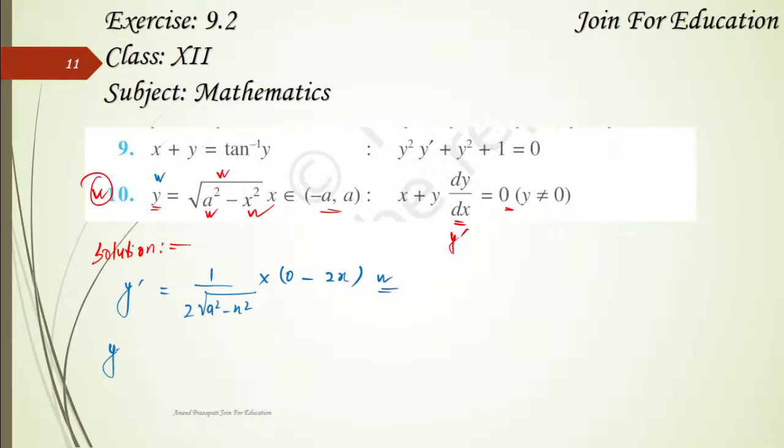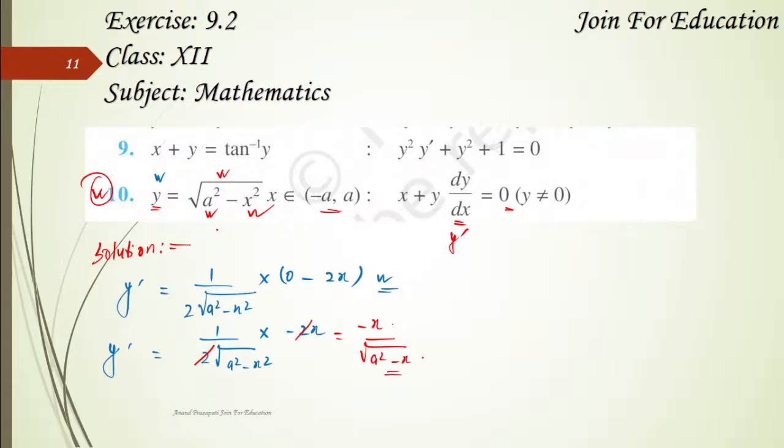So the next step is y dash equal to 1 by 2 under root a square minus x square into minus 2x. Now these 2 and these 2 cancel out, then we get minus x by under root a square minus x square.